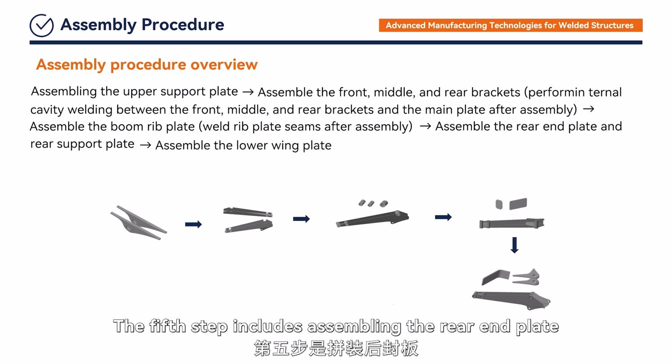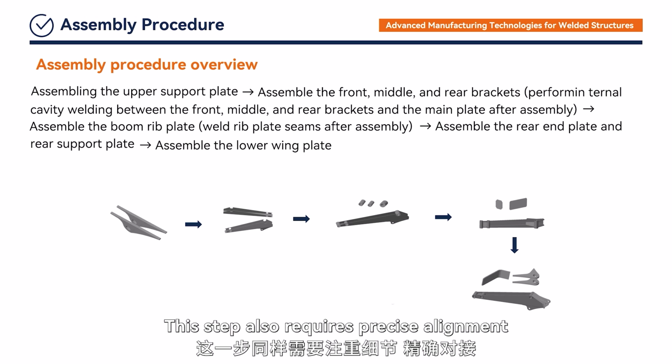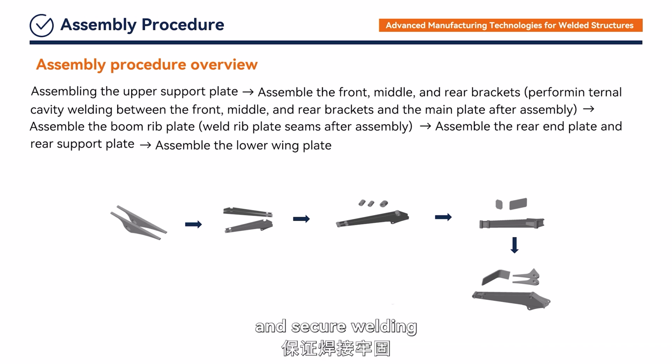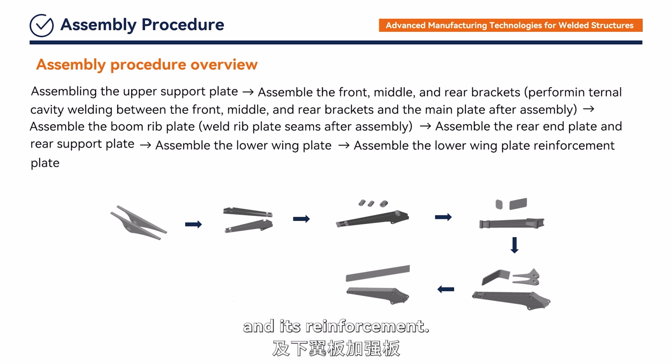The fifth step includes assembling the rear end plate and rear support plate. This step also requires precise alignment and secure welding to ensure a strong, stable structure that meets design and strength standards. The sixth step involves assembling the lower wing plate and its reinforcement.